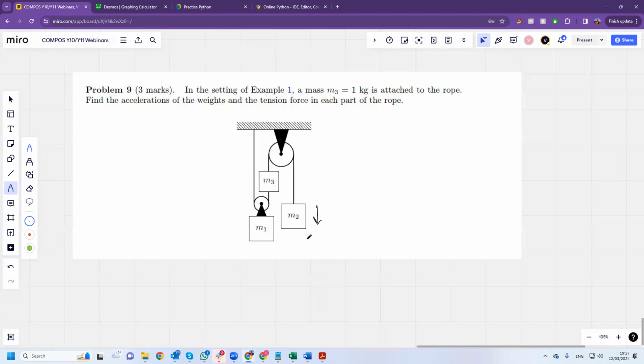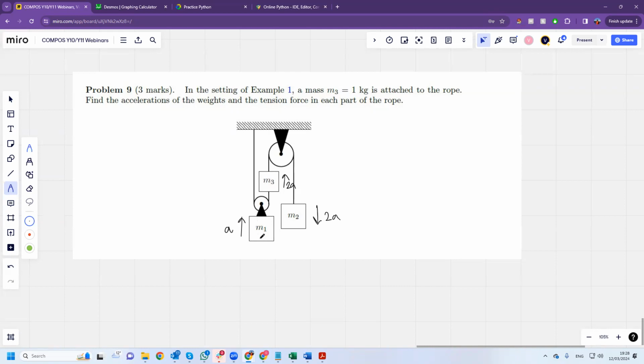Let's assume this is moving down, this is moving up, this is moving up. Now, of course, they're linked. So if this acceleration is A, this is going to be 2A, and this is going to be 2A, because this is a movable pulley.